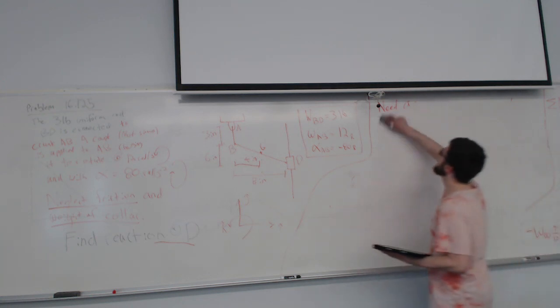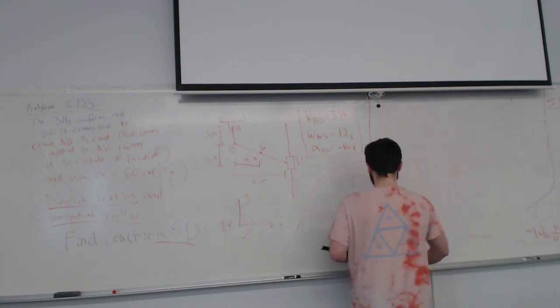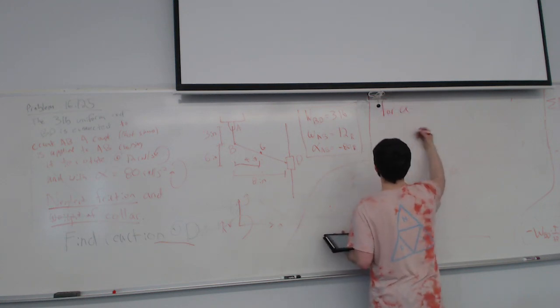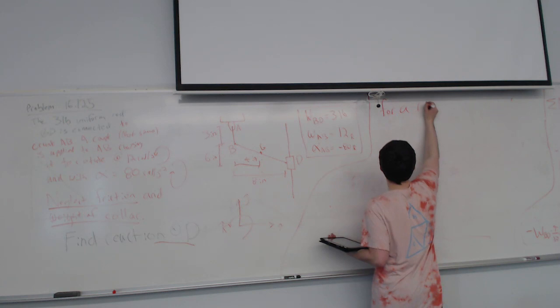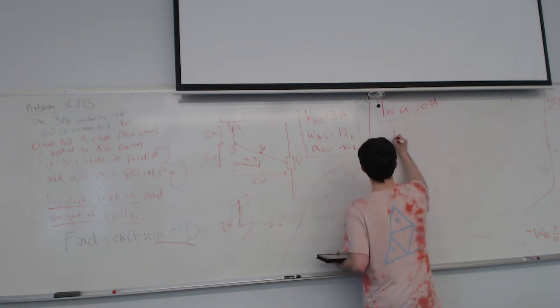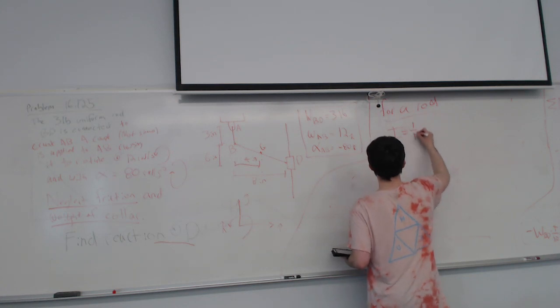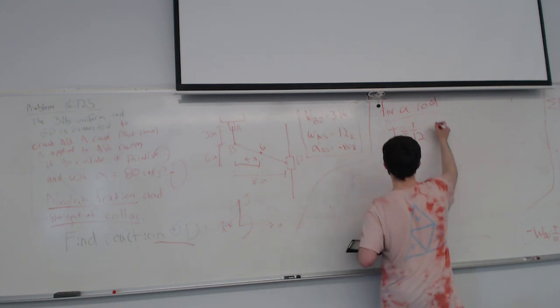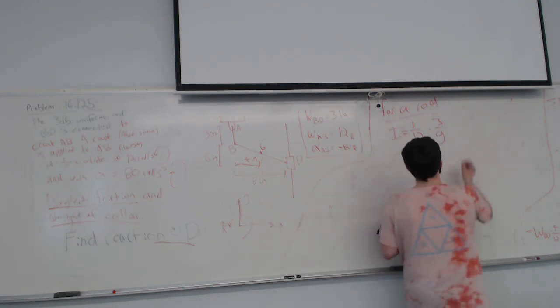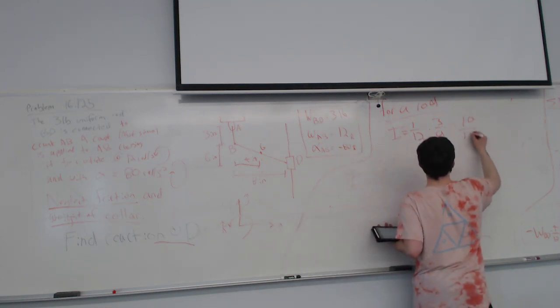And like I said, this is for a rod, the moment of inertia is just equal to, and again, this is going to be something that is just on an equation sheet, so it's not a big deal here.